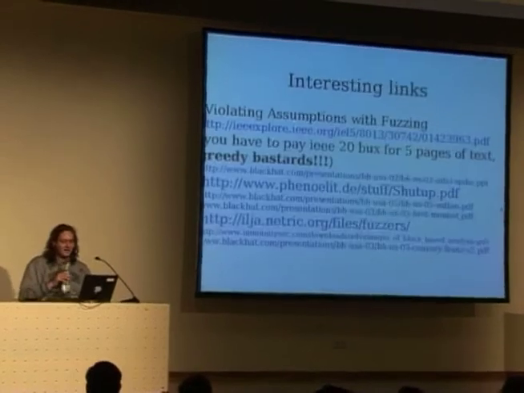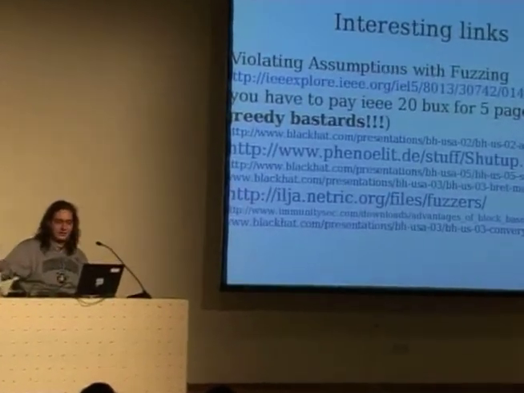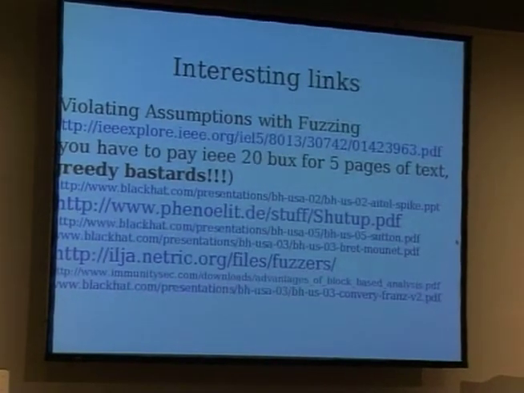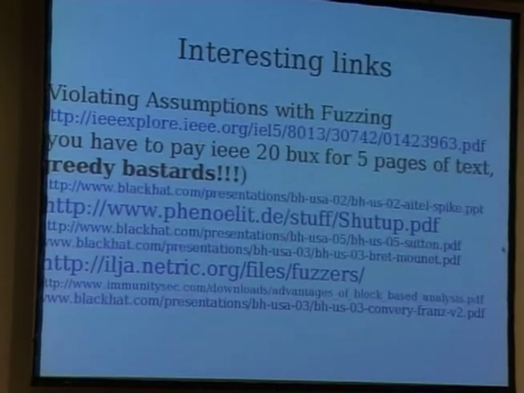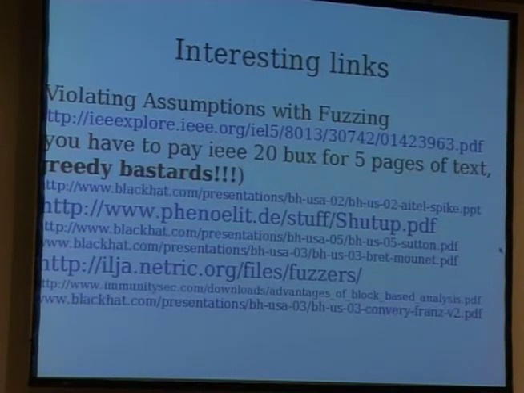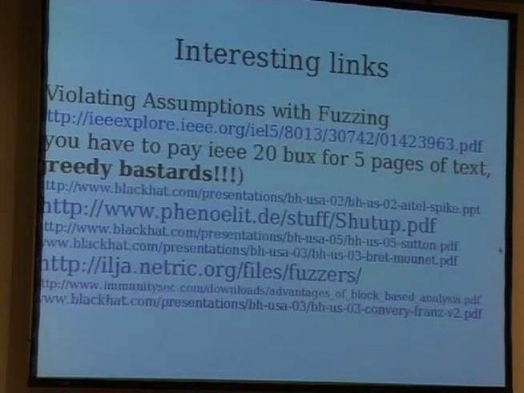Right, so some interesting links, and this is basically where I'll shut up. The first one is Violating Assumptions with Fuzzing, a paper written by 2 people at Microsoft, Michael Howard and another guy whose name I've forgotten. Basically this is their experience over a couple of years at Microsoft doing fuzzing, and some of the things that they've noticed. There's a lot of cool stuff in there.